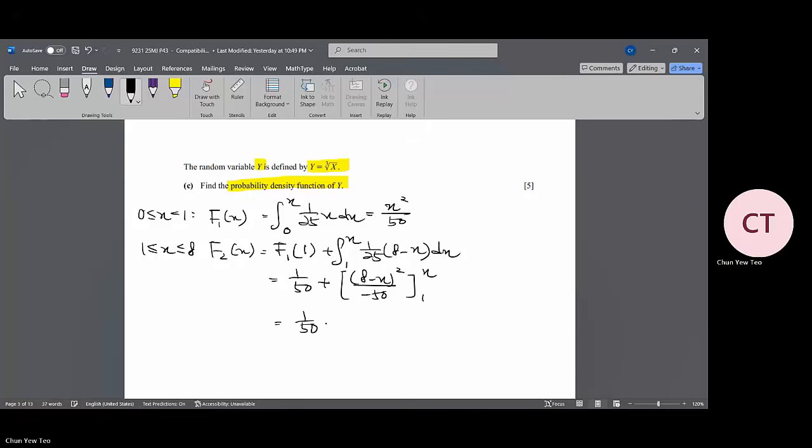Get this 9 over 50 minus the x squared over. Simplify it. Get this one as the 50 minus the 8 minus the x squared.